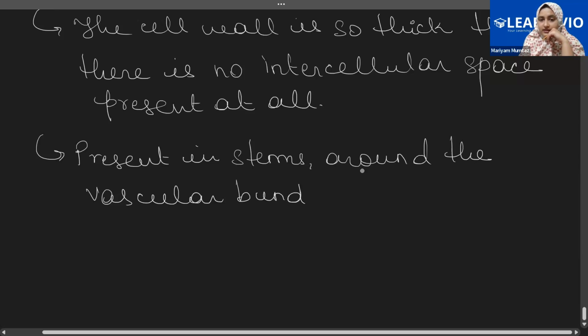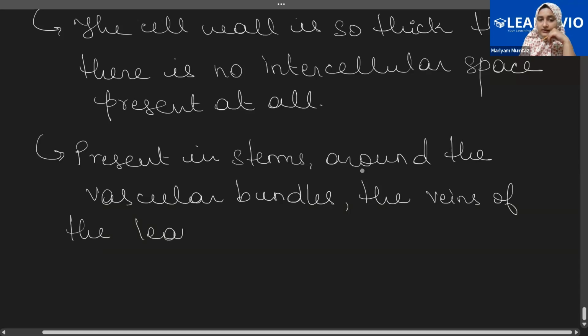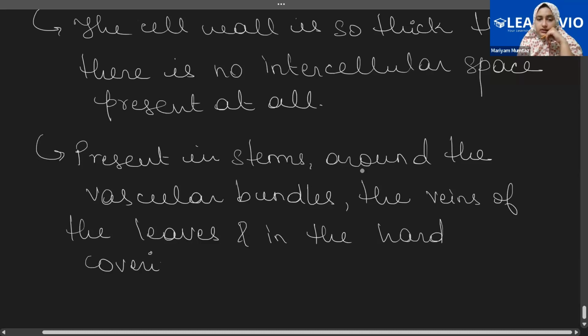Then the veins of the leaf also have the sclerenchyma present in them, and they are also present in the hard coverings of seeds and nuts.